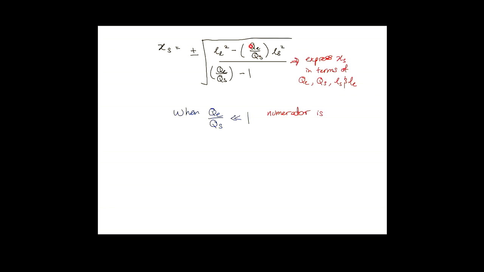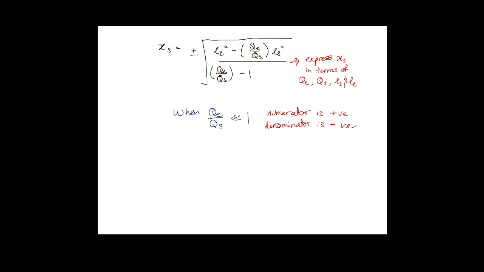It's going to be positive, because your extraction fan is located higher than the smokers. So this term is bigger than this term because this ratio is less than 1. My numerator is positive. How about my denominator? Very good, my denominator is negative, because this term is smaller than 1.